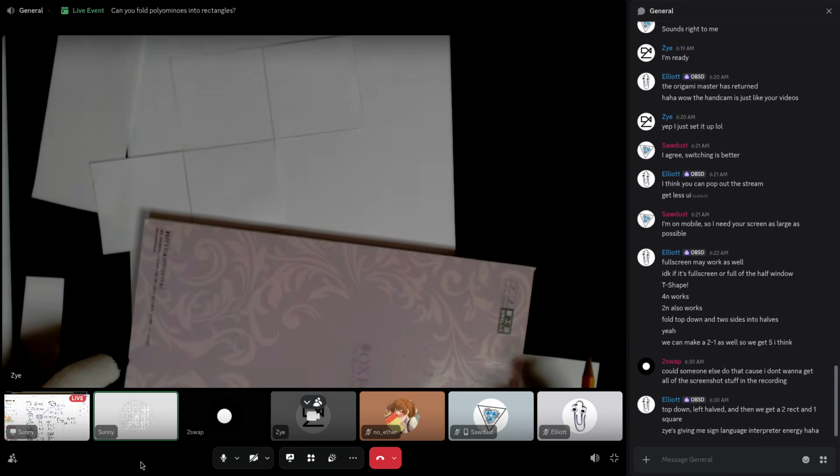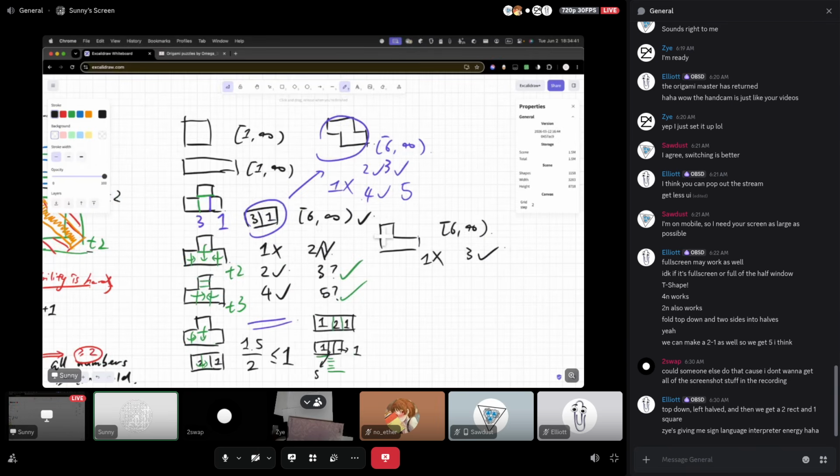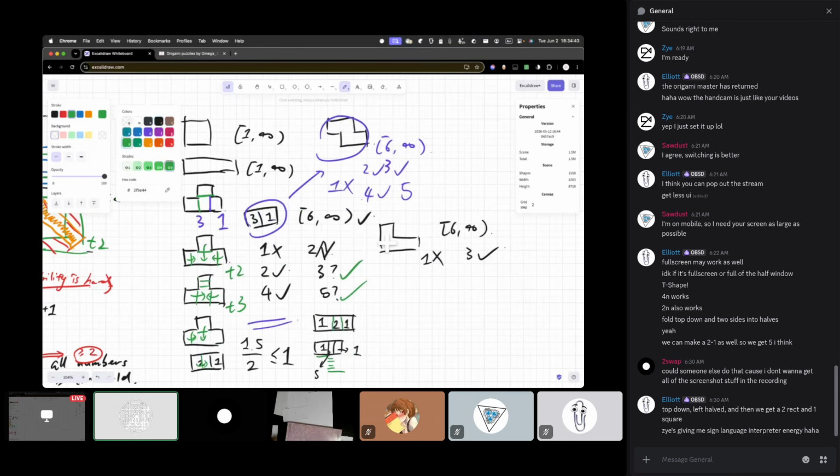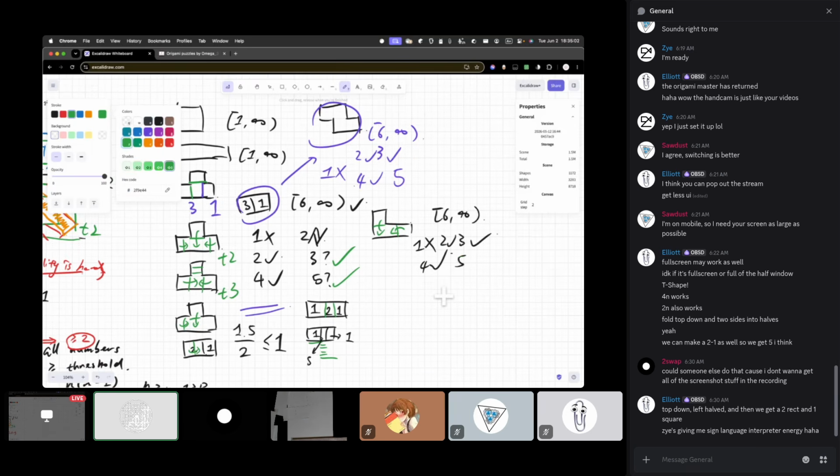You still don't have the 1, and you can get a 2 by doing this fold, right? So you get a 2 here and a 2 here. So 2 is also easy, and by extension 4. And for 5, here's what you can do.